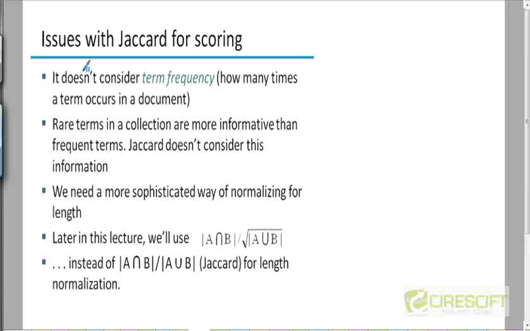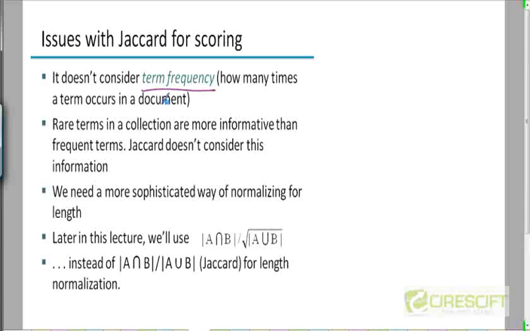The other problem with this Jaccard scheme is that it doesn't consider term frequency. Recall that term frequency is the number of times that a term occurs in a given document. What we expect is that if the term frequency is higher, then that particular document is probably closer to the query than another document whose term frequency may be lower for that query.